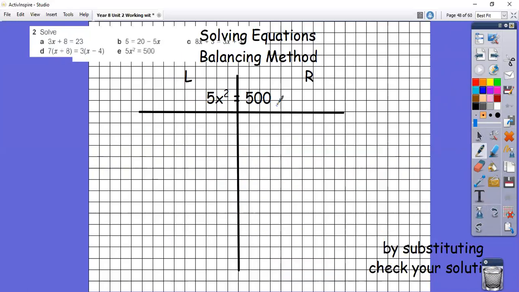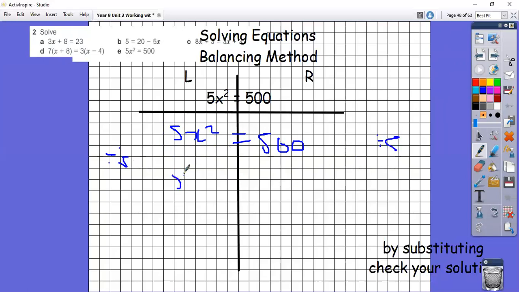I want x squared by itself. So 5 times something squared is 500. So if I move this 5 to the other side, basically I've got to do division. What's the inverse of multiplying? Division. Remember, this is 5 times x squared. So divide both sides by 5.